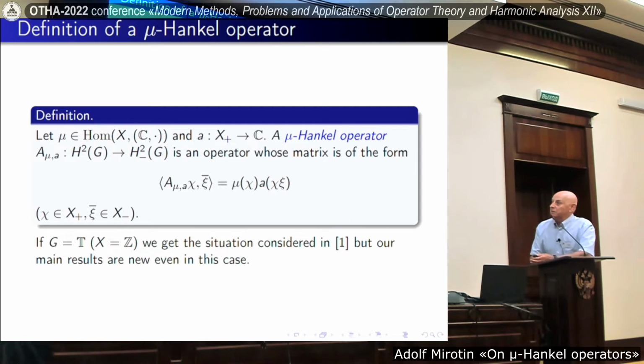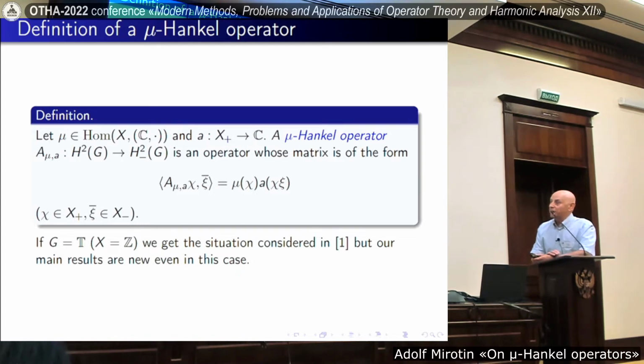So to define the mu-Hankel operator in this context, we consider as mu some homomorphism between the group X, the dual group of G, and the multiplicative semigroup C of complex numbers. Mu is such a homomorphism, a so-called generalized character of the group X, and we choose some complex-valued function A on the positive cone.